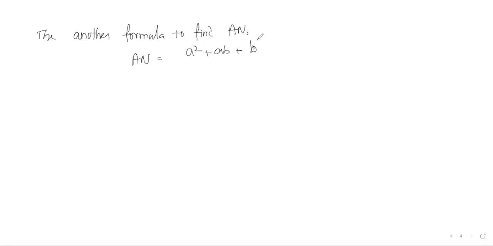Another formula to find an: an is equal to a squared plus ab plus b squared divided by 3 into a plus b.